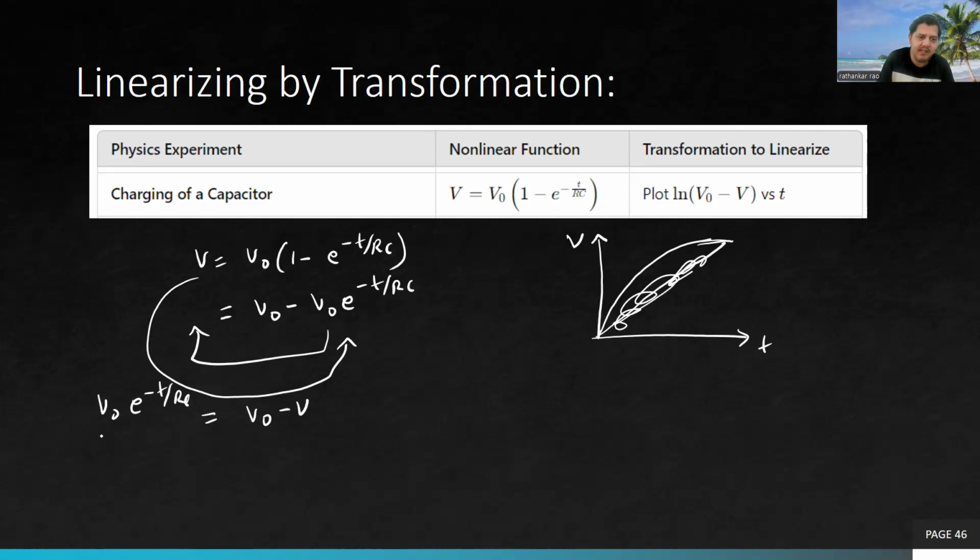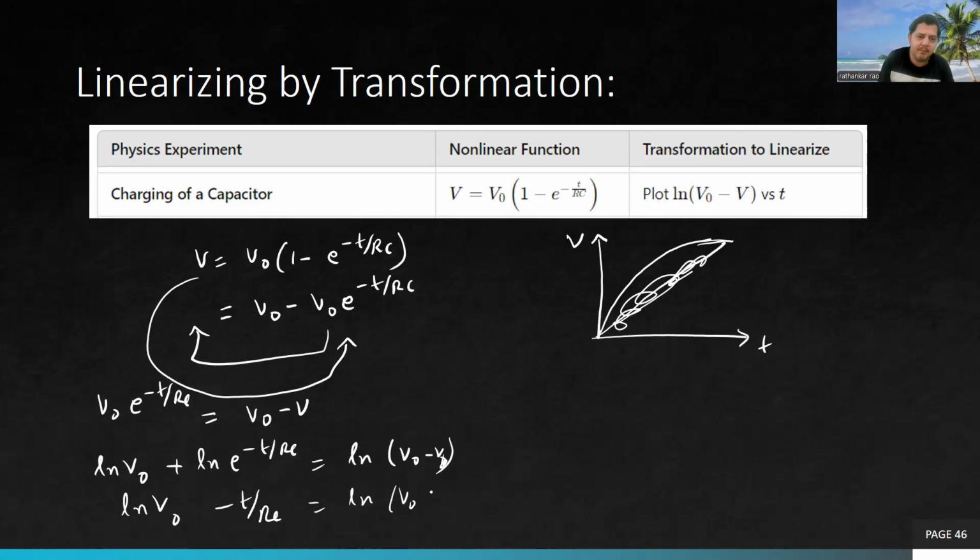So let me take the logarithm of both of these. When I take a logarithm, what do I get here? I get ln V naught plus ln e to the power of minus t by RC is equal to ln of V naught minus V over here. Now ln V naught will be just the same, and this will become minus t by RC is equal to ln of V naught minus V. Now this is also a constant, right?